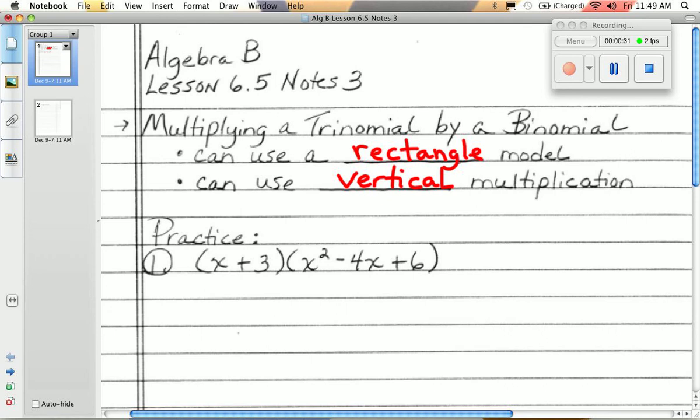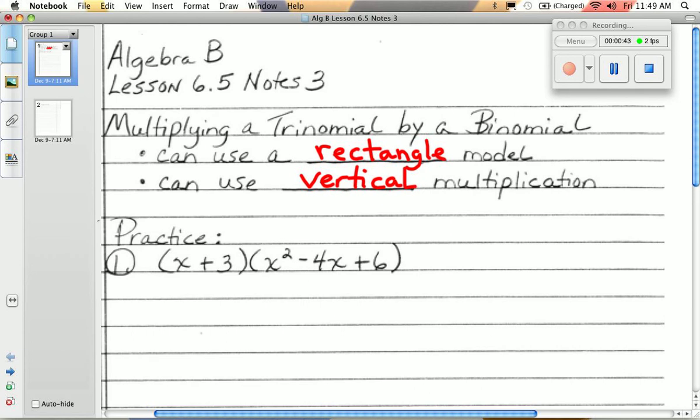You are actually familiar with vertical multiplication. It's what you do all the time when you're not using a calculator. If I said to you, no calculators allowed, and I asked you to multiply 145 times 23, you use vertical multiplication to do that.